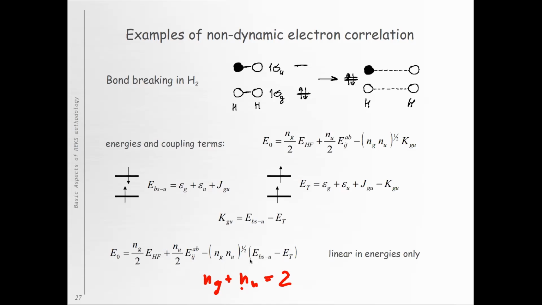But if we look at this expression, how can we evaluate this exchange integral at the DFT level? Strictly speaking, it's not defined within simple Kohn-Sham DFT. We would have to do some tricks to obtain it, and probably we would end up with the same expression.